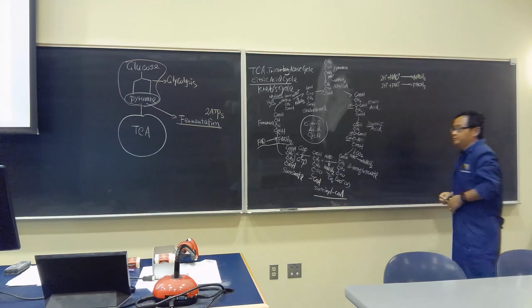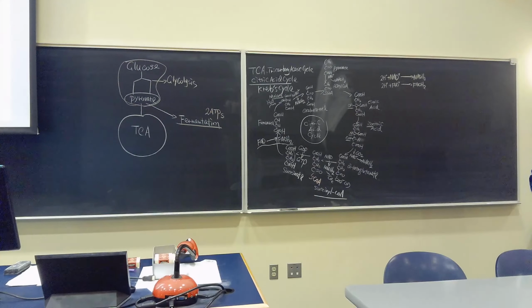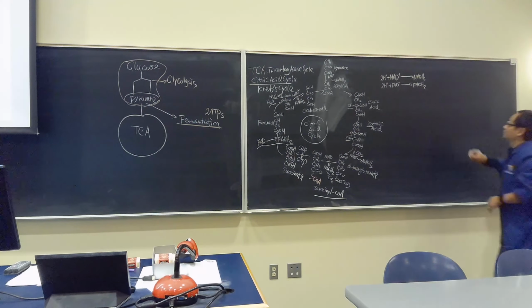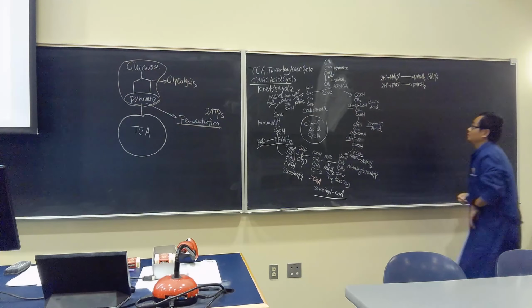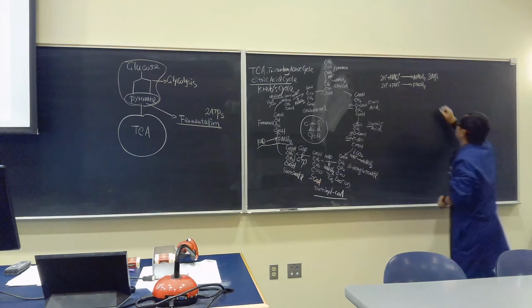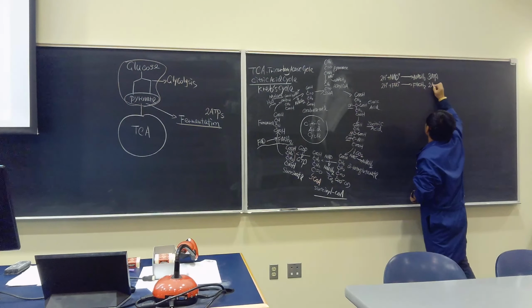Okay, how many ATP are going to be generated? When I was a student, it was easy. This is going to generate 3 ATPs. And the bottom one is 2 ATPs.